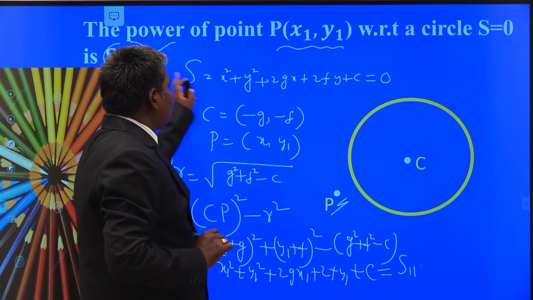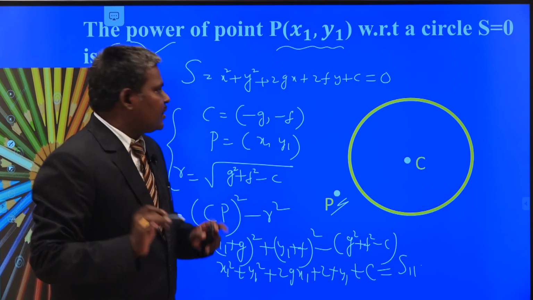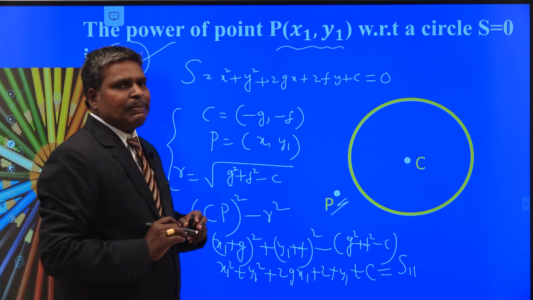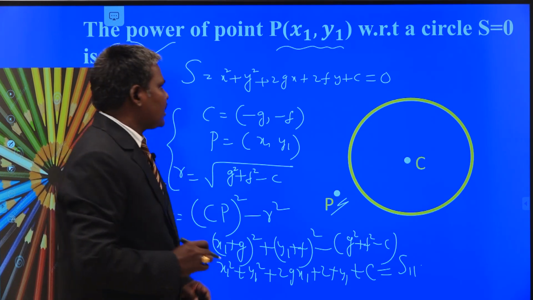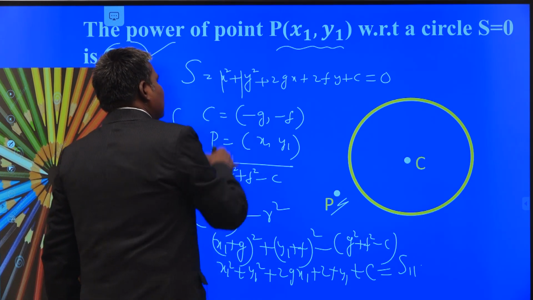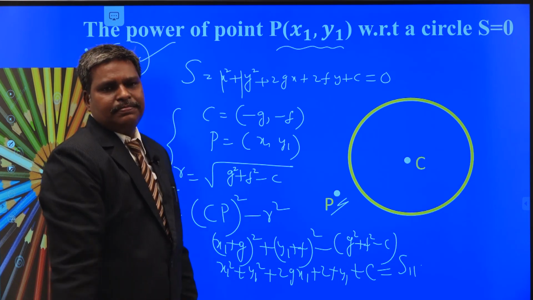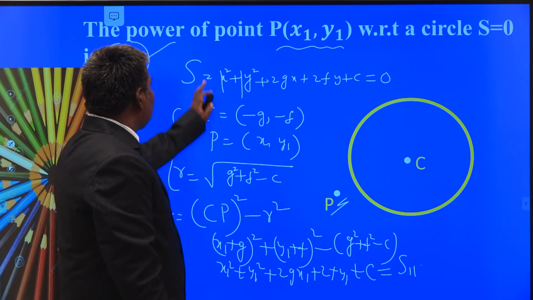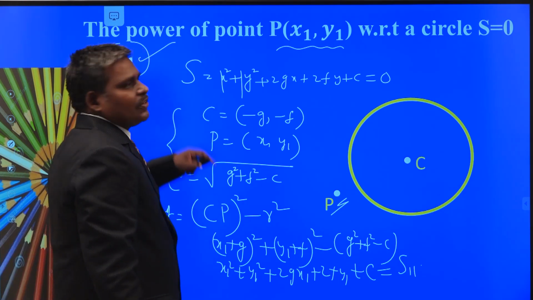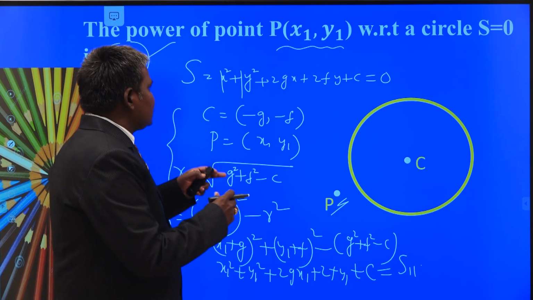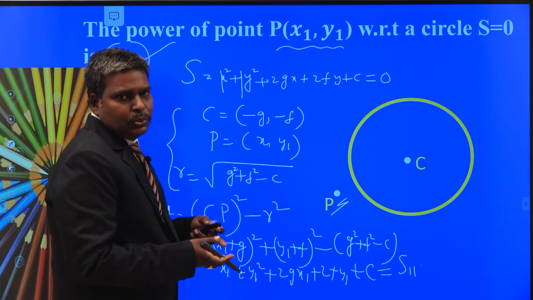Dear students, note one thing: when you are going to find the power of point P with respect to a circle, your circle equation must and should be in the standard form. Otherwise, we can't get the correct value for S11, because the notations are defined by you.